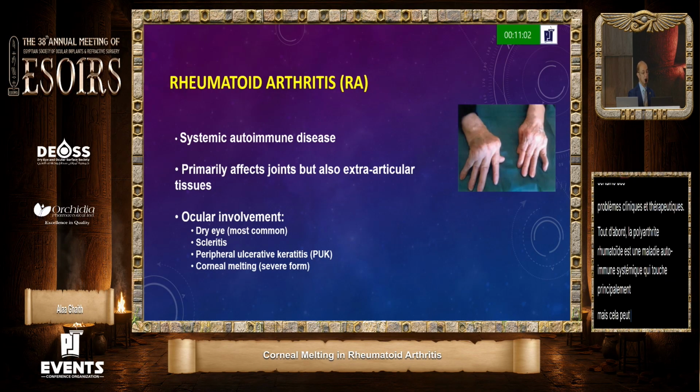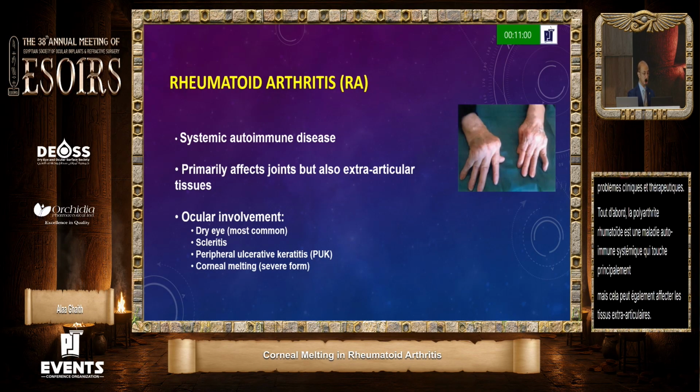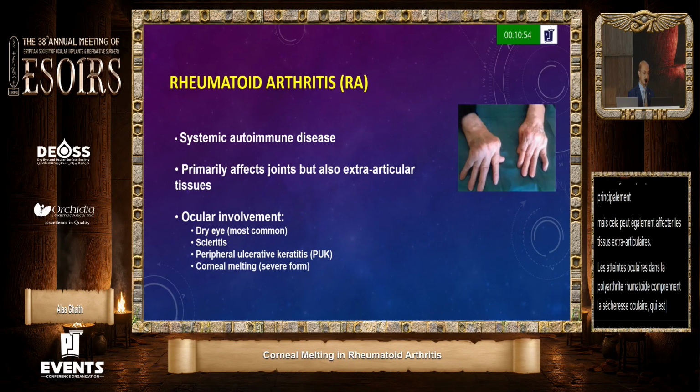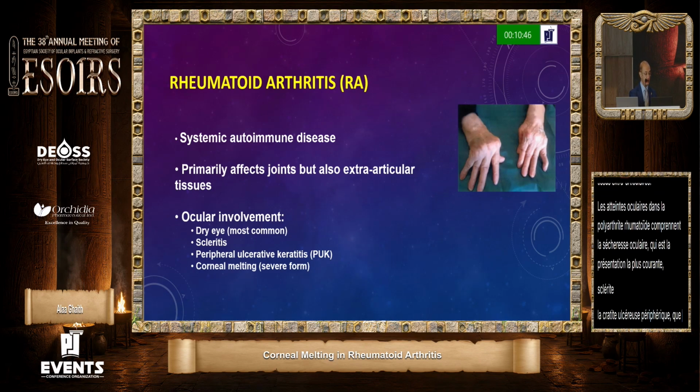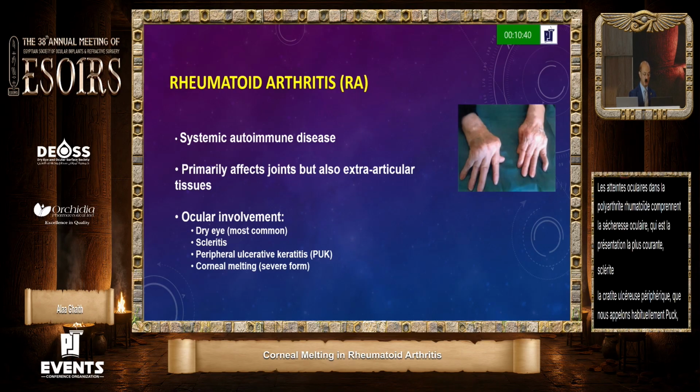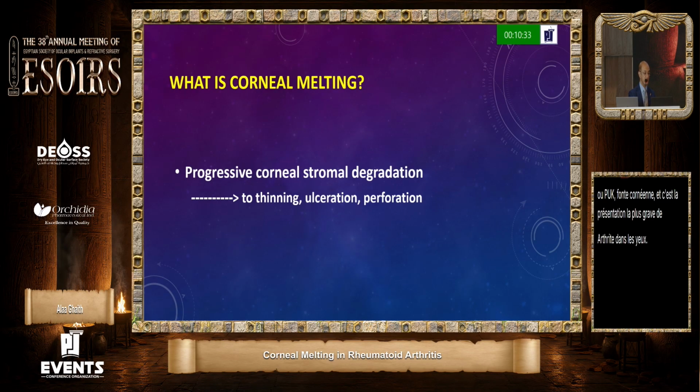Ocular involvement in rheumatoid arthritis includes dry eye, which is the most common presentation, scleritis, peripheral ulcerative keratitis, which we usually refer to as PUK, and corneal melting, which is the most severe presentation of rheumatoid arthritis in the eye.